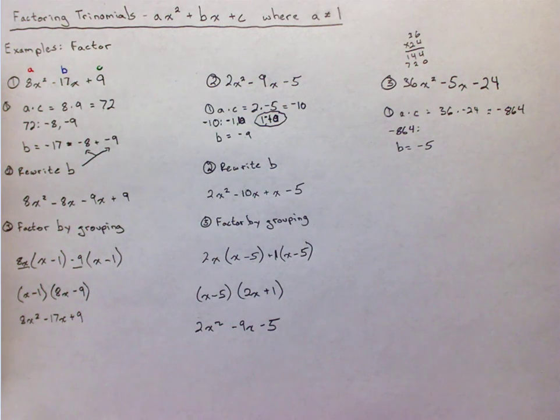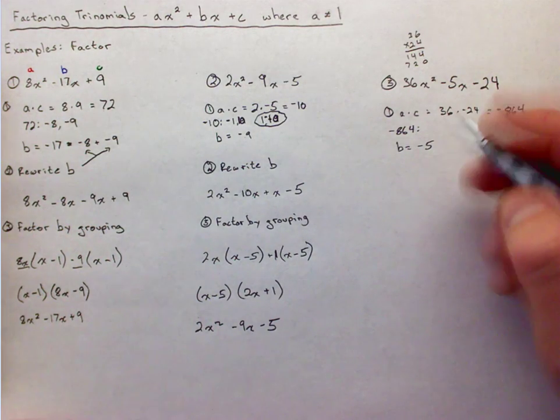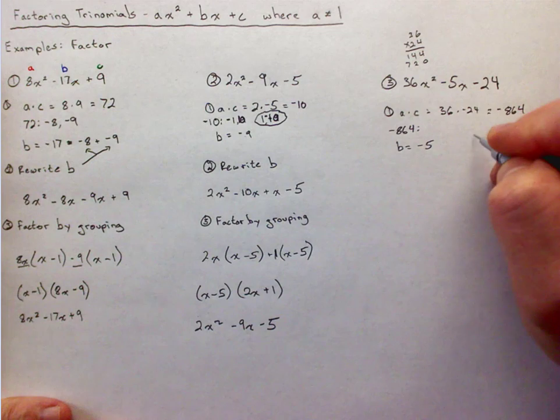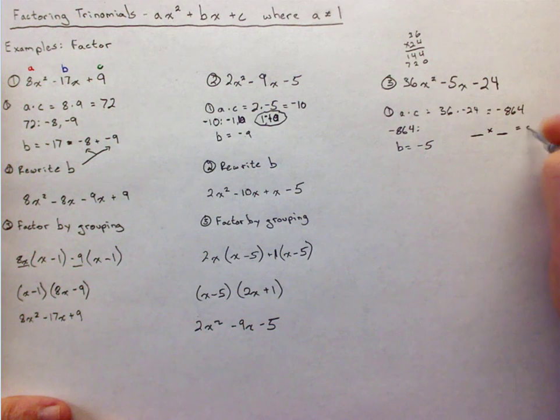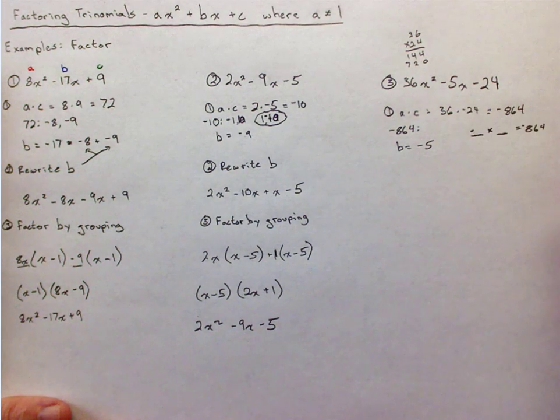There are a lot of factors. So we're going to do some critical thinking and reasoning here. I know that the two factors are some number times another number that's going to equal negative 864. So one of these has to be negative.